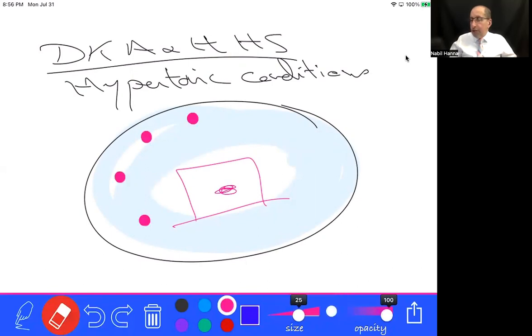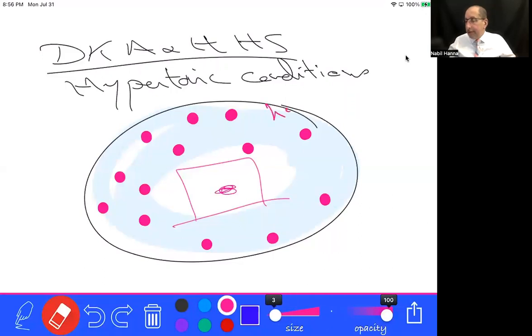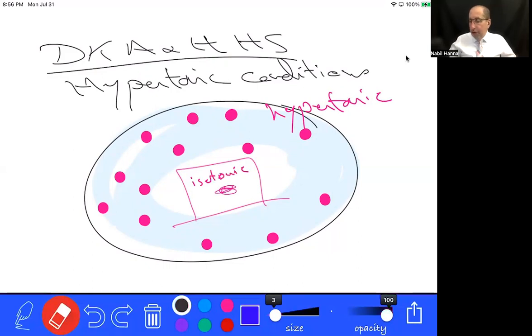A lot of glucose. And the intracellular fluid is always isotonic. So water is going to move out to dilute the extracellular fluid.